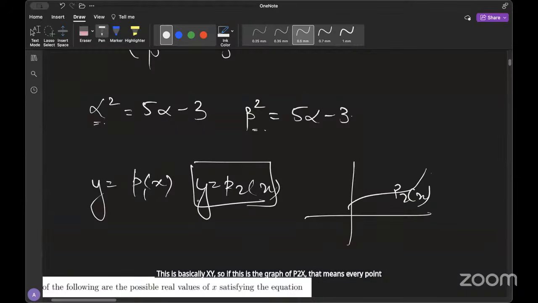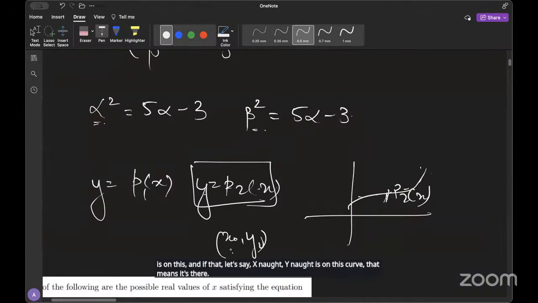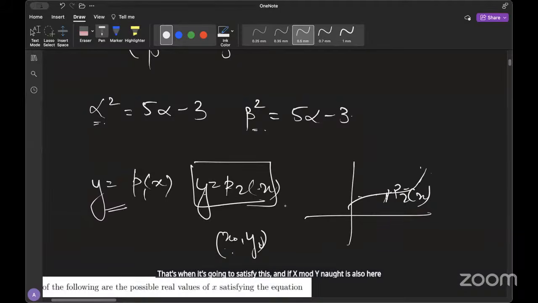Every point on this line, xy coordinates, satisfies it. If x naught, y naught is also on this curve, it will lie on both curves.